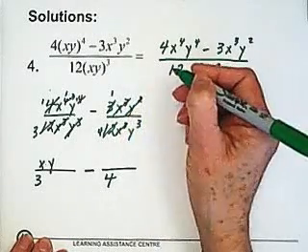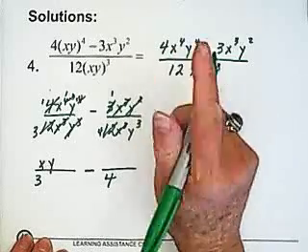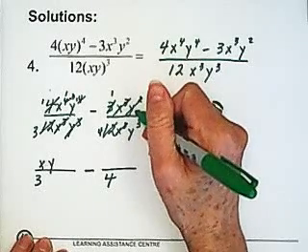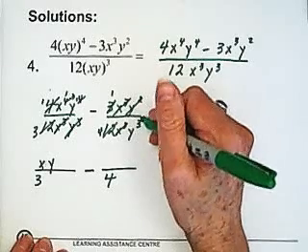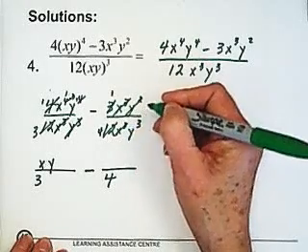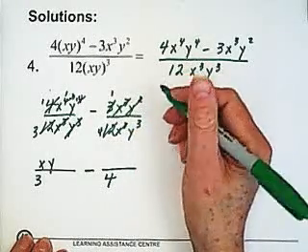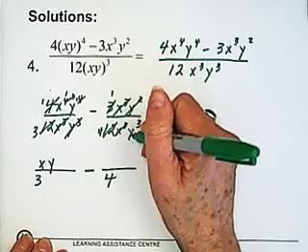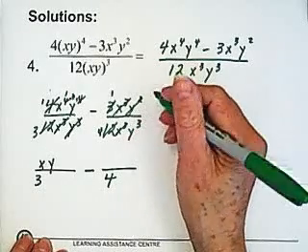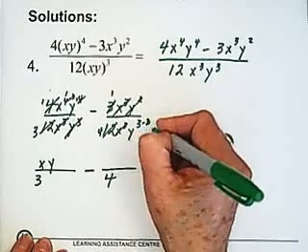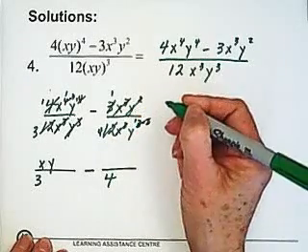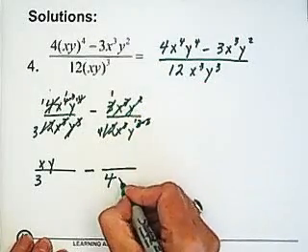We get rid of our y squared. And what we're doing really is dividing this by y squared and dividing the bottom by y squared. When we divide the bottom y by y squared, we're essentially subtracting 2, which leaves us with y to the power of 1. So we have y down here.